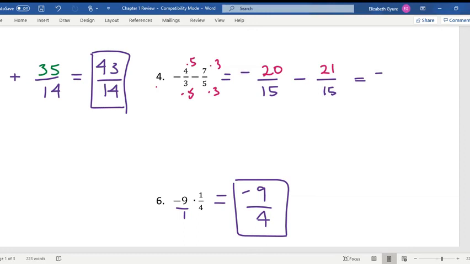So it needs to be negative 41 over 15. With this one, so I just subtracted this, negative 20 minus 21. And remember, Alex, you can always plug that into a calculator. So if the negatives throw you off, correct. Yeah. Yes.